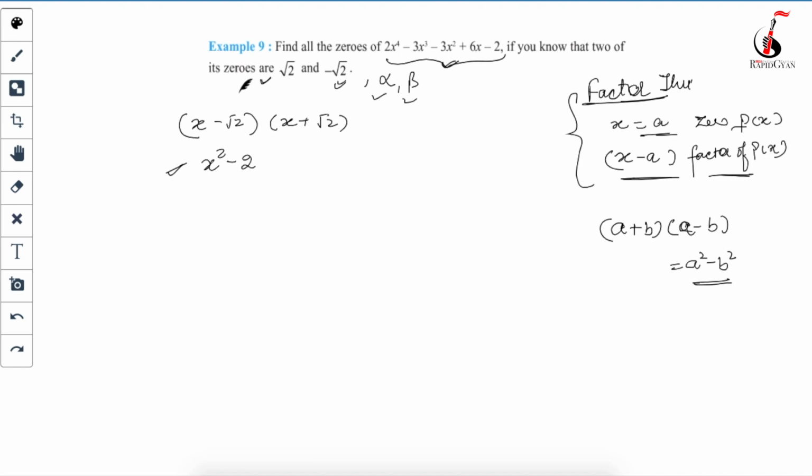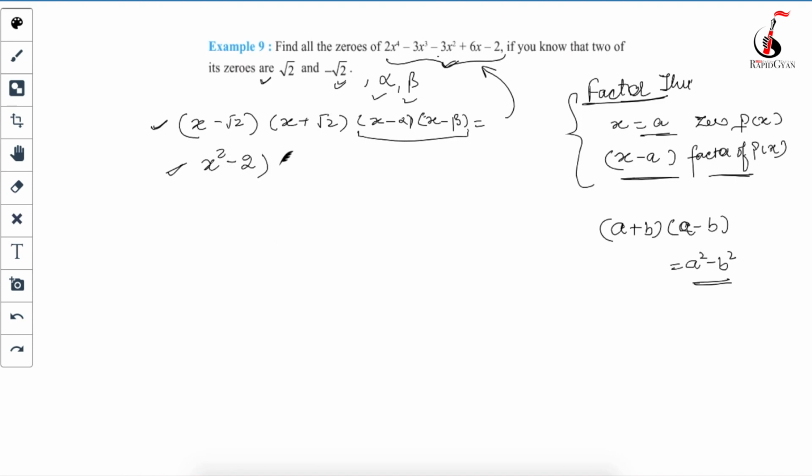So can I write this as x minus root 2, x plus root 2, in bracket x minus alpha, in bracket x minus beta, equal to this one? Yes, we can write this. So in order to get x minus alpha and x minus beta, we'll have to divide this polynomial by x minus root 2 multiplied by x plus root 2, correct. So now divide this.